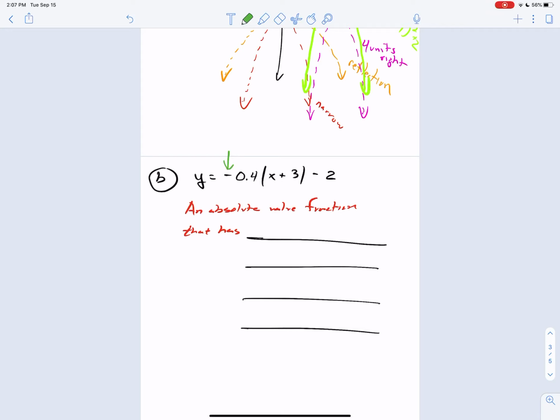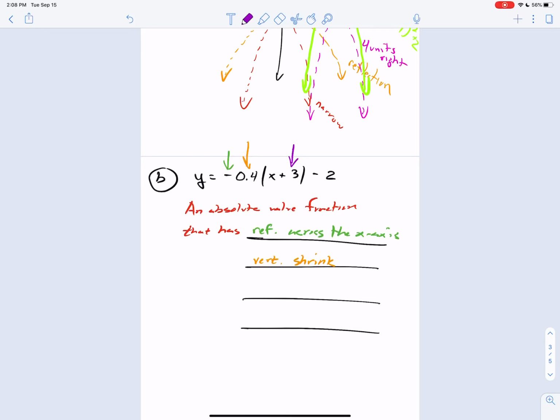That negative contributes to a reflection across the x-axis. Okay, the 0.4 contributes to a vertical what, you guys? 0.4 is a vertical shrink, meaning that it's getting wider, okay? Okay. Plus 3.